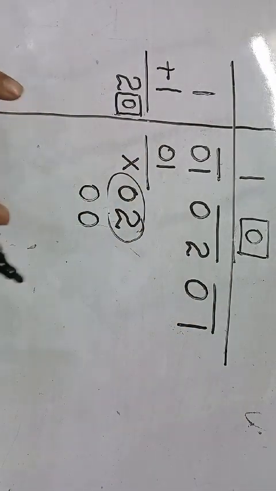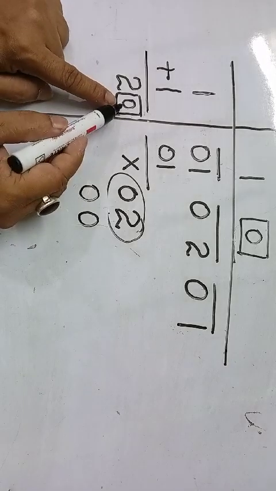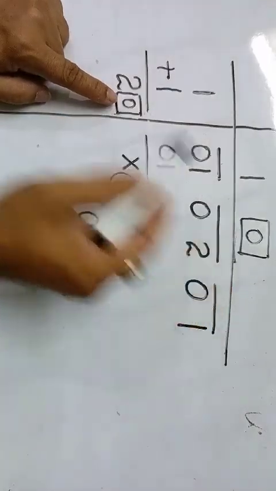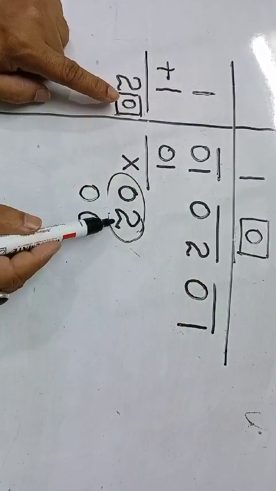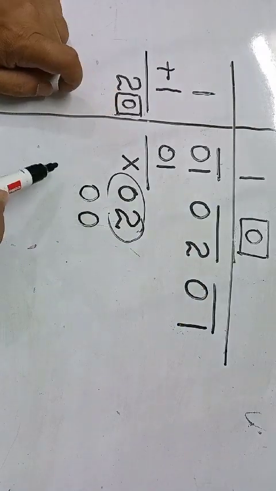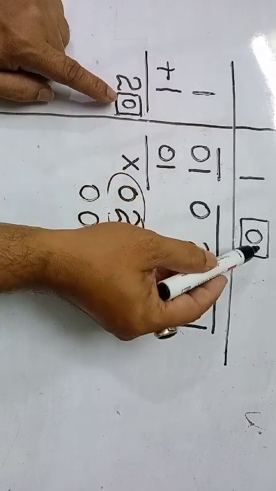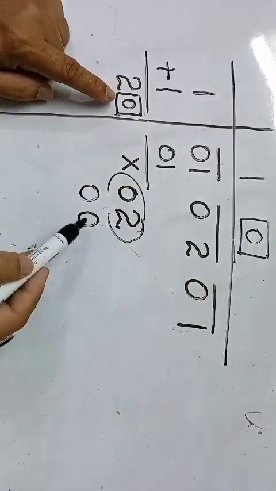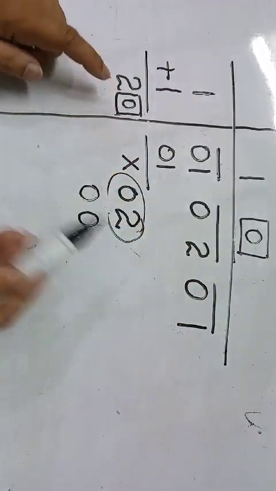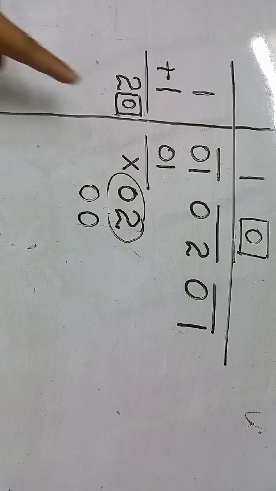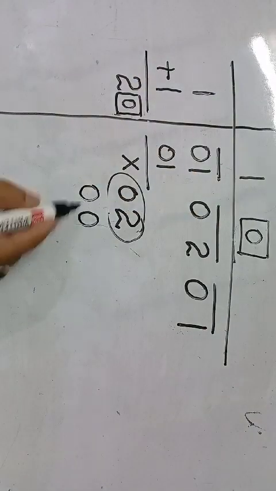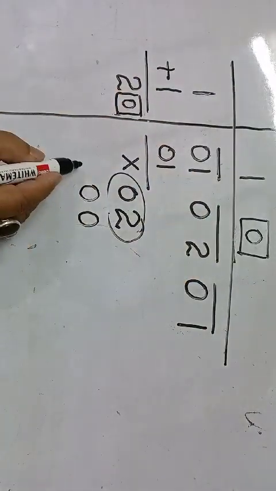This is the only possible number which when multiplied with itself will give you either 2 or less than 2. The moment you go beyond 0, I showed you 1 and 1, so that is going to give you 1 into 1 is 1 and 1 into 2 is 2, so that will become greater than 2. Okay, so 0 into 0 is going to give you 0, and 0 into 2 is also 0.